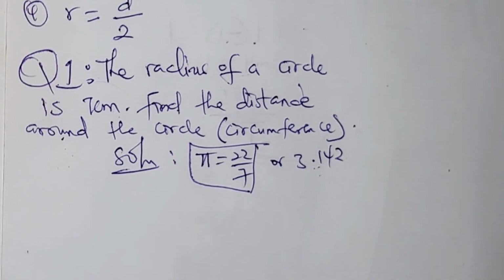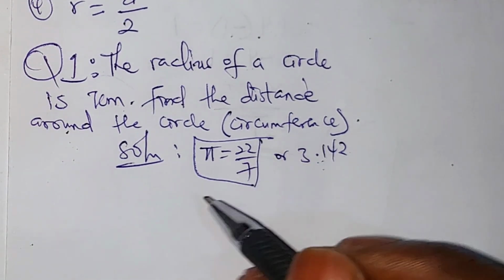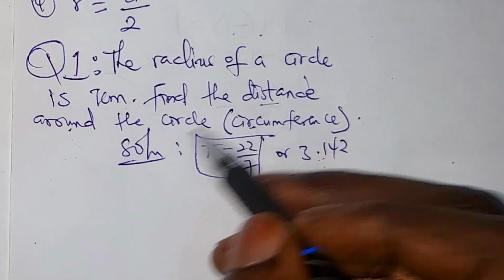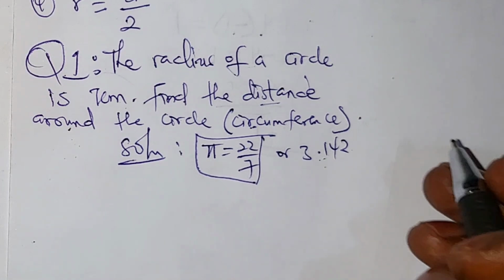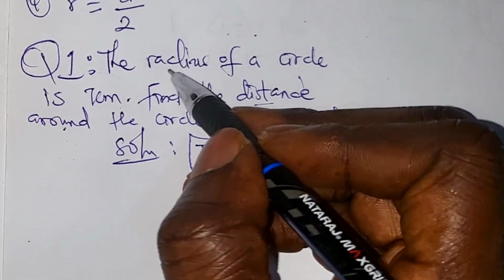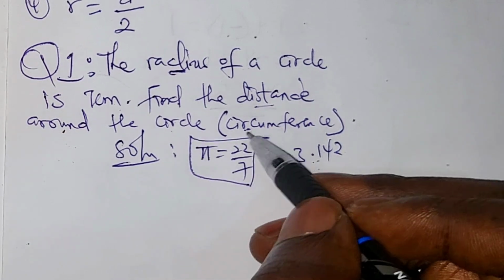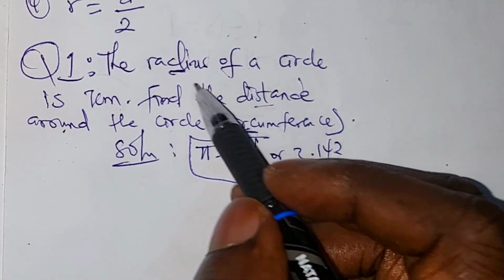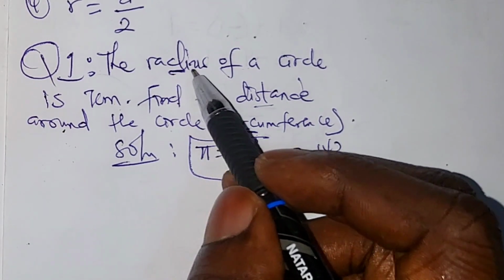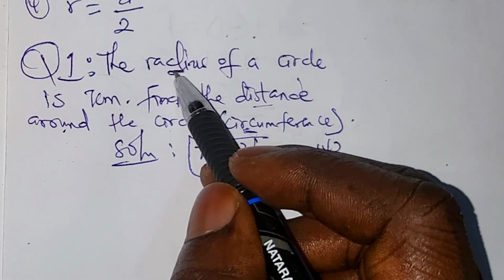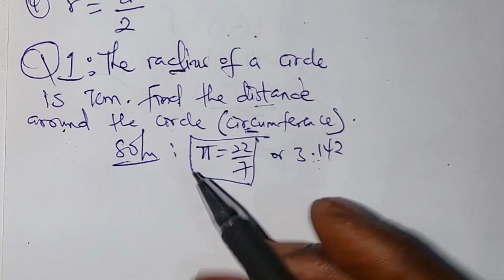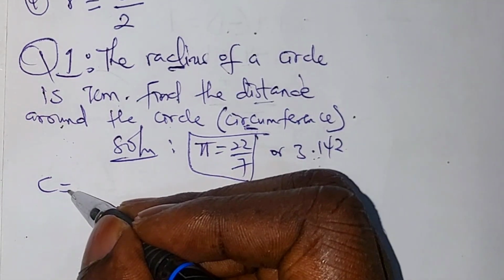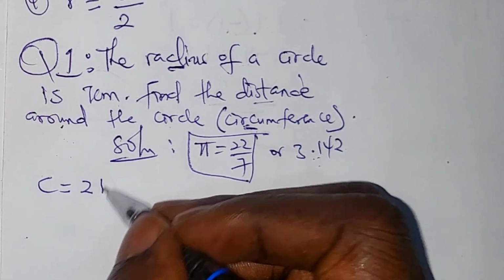To solve this, we are going to find the circumference, the distance around the circle. We are going to use a formula that has radius and also circumference in it. The reason is that in the question we were given the radius, so you make sure you use a formula that has radius in it and also has a relationship with the circumference. That's our first formula: C is equal to 2 pi r.